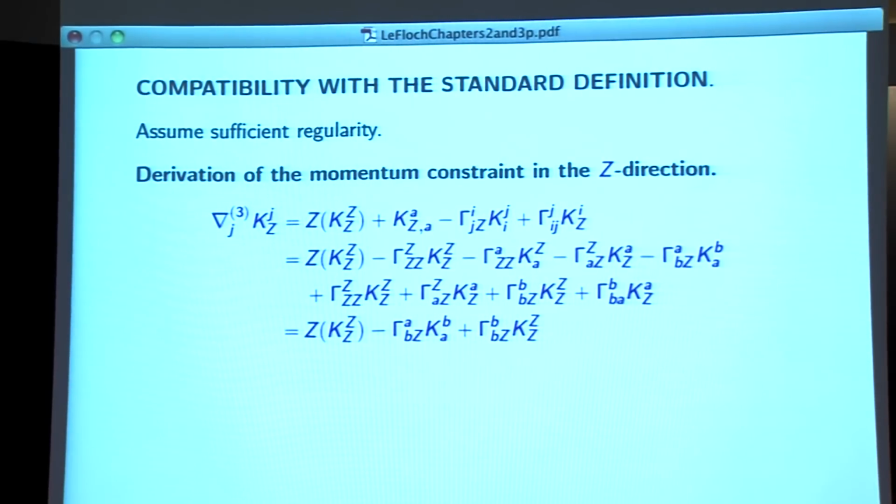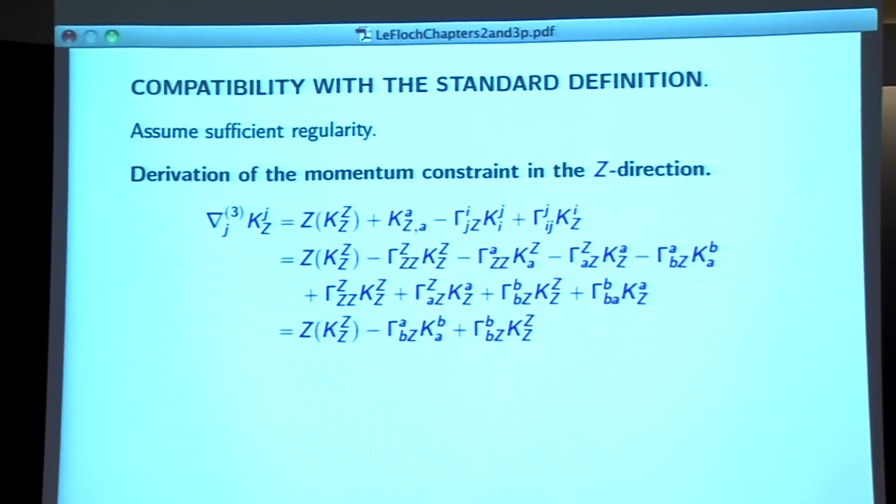So what I need to do for the first momentum equation is compute the divergence of kjz. The first line is simply the definition of this divergence. The second line is simply all the details.